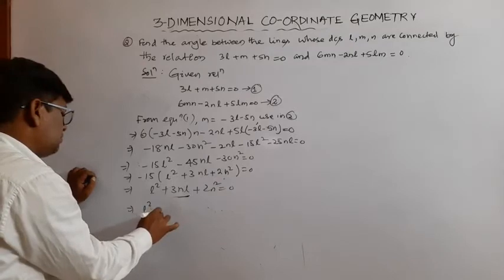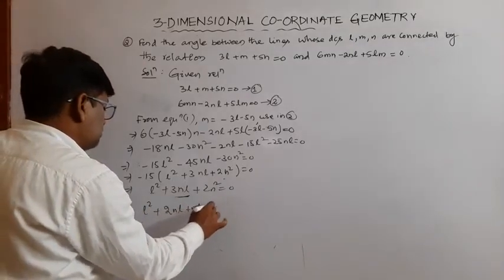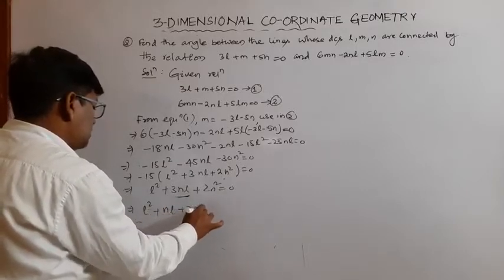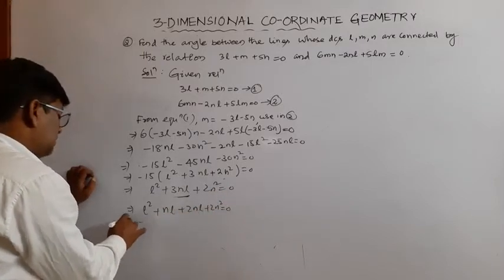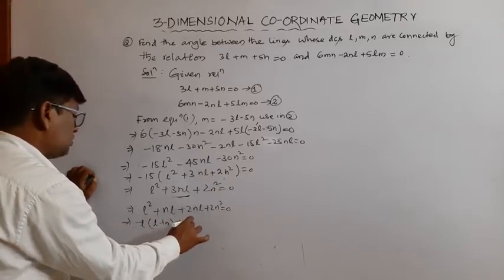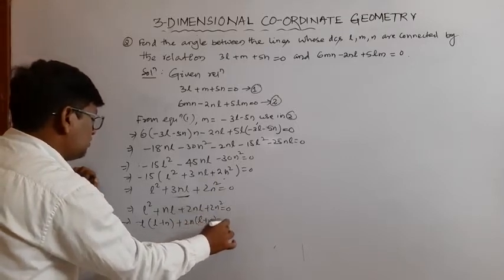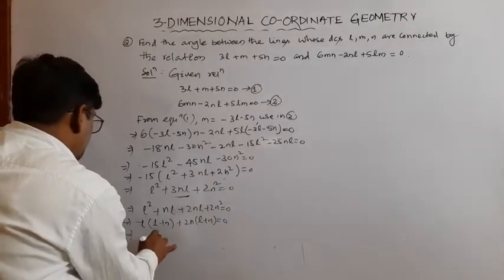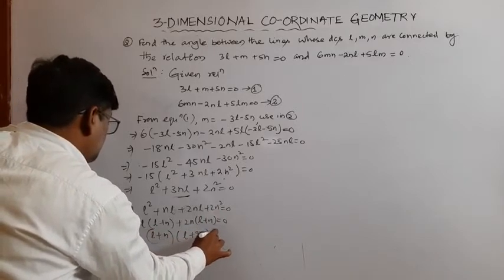L square plus 2NL plus NL plus 2N square is equal to 0. Take L common, that is L plus 2N, and take N common, L plus 2N, so L plus N into L plus 2N is equal to 0.